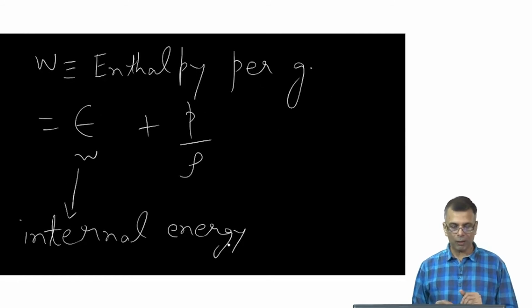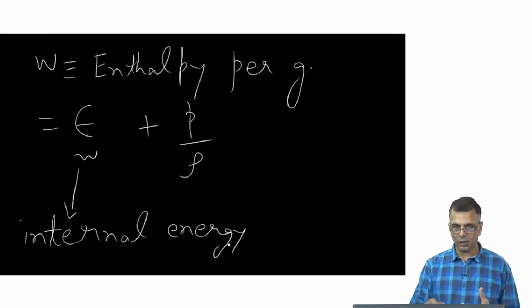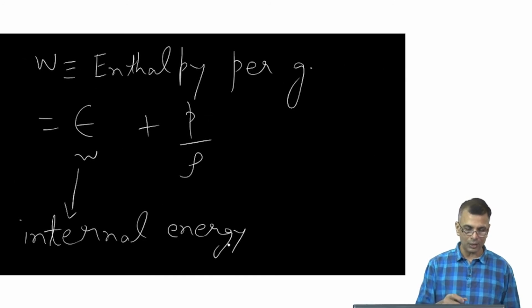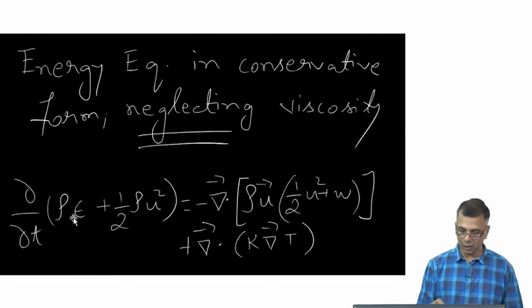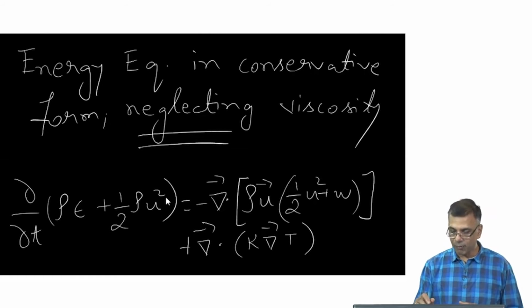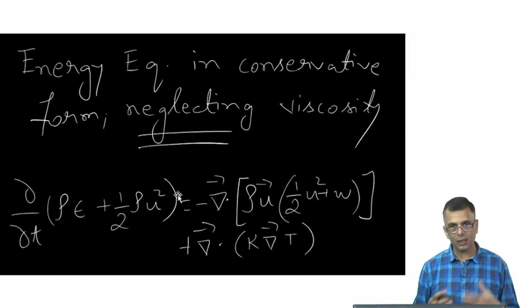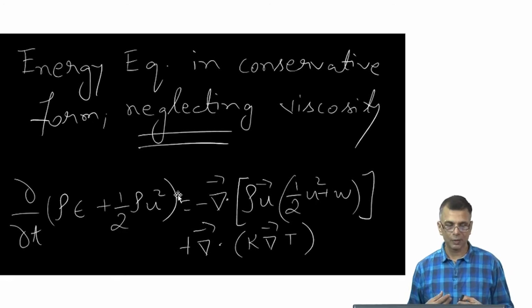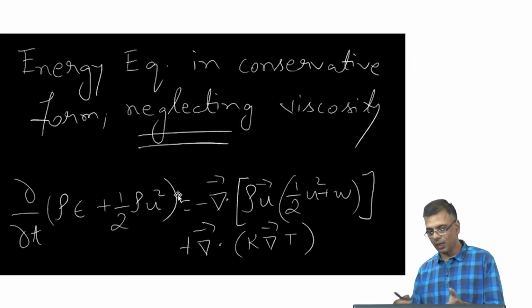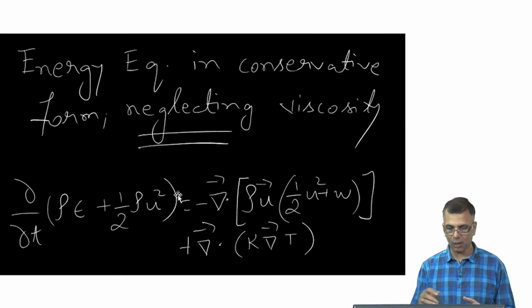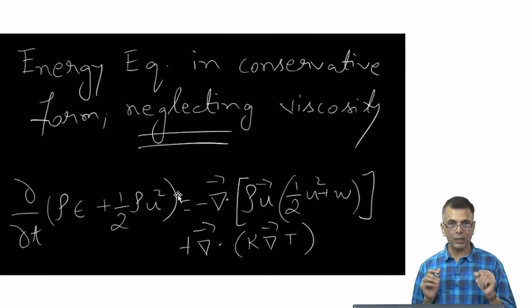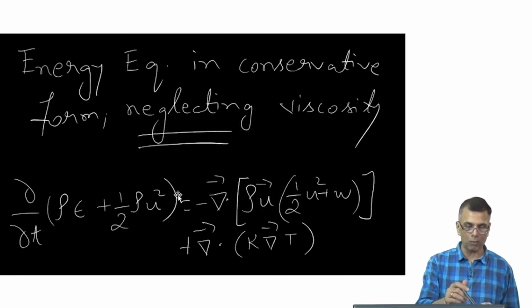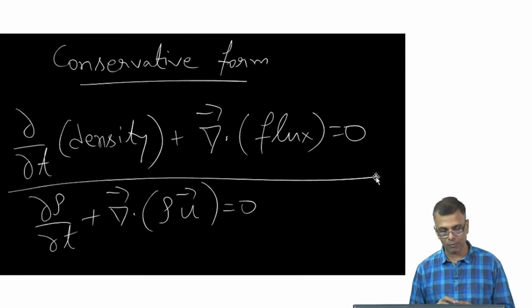So this is the enthalpy per gram. You can think of this entire thing as something internal to the gas. So this is the internal energy right here, and this guy is the kinetic energy density of the fluid. So you can see how I'm able to simply write down the energy equation just like that, going by this general form.